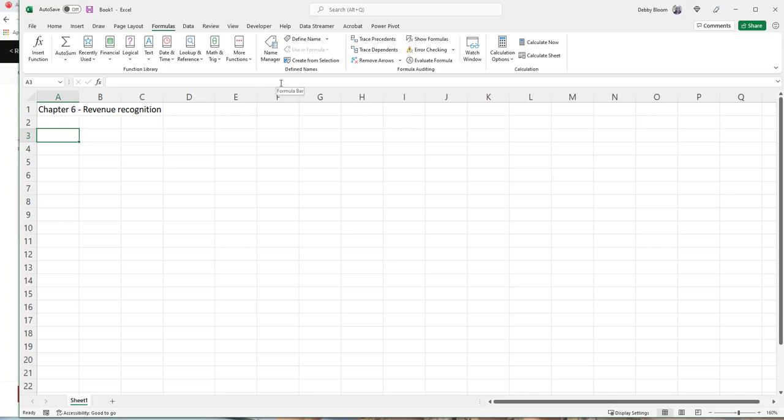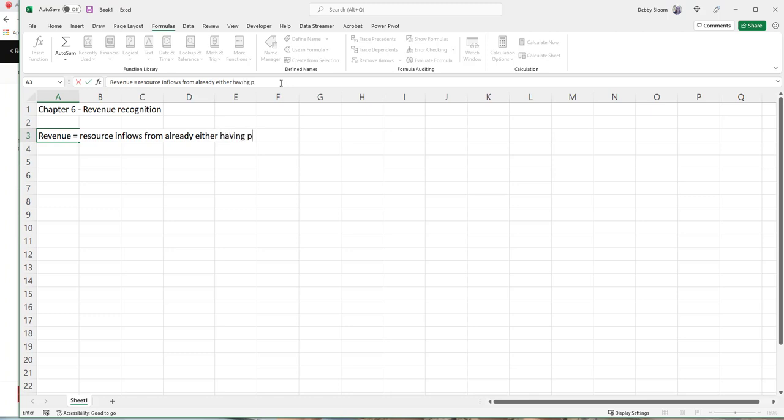So, in accounting, the definition of a revenue is resource inflows from already having either performed a service or given up possession of goods.